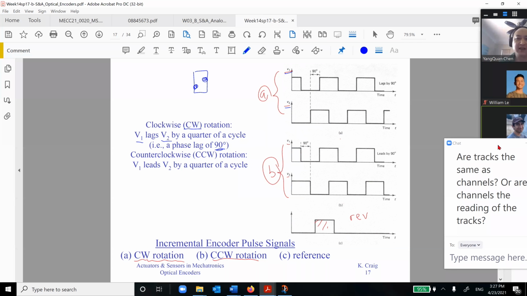Based on this phase leading or phase lagging, you will be able to tell whether you are rotating clockwise, CW, or counterclockwise, CCW.